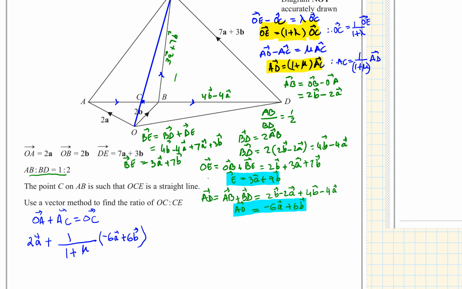Okay, that's AC, and that is equal to OC. OC again, I can say 1 over 1 plus lambda times OE. I found out what OE is: OE is 3A plus 9B.